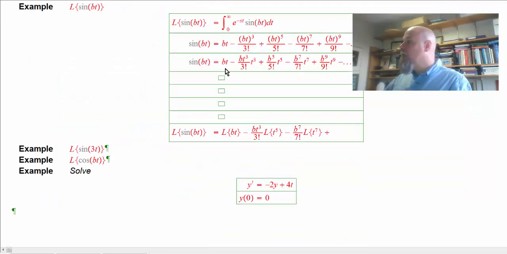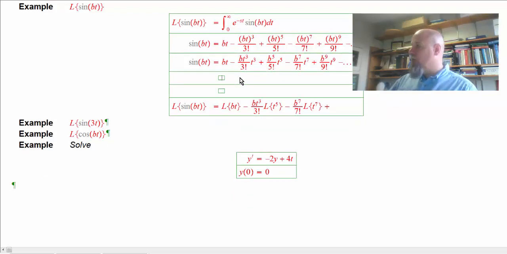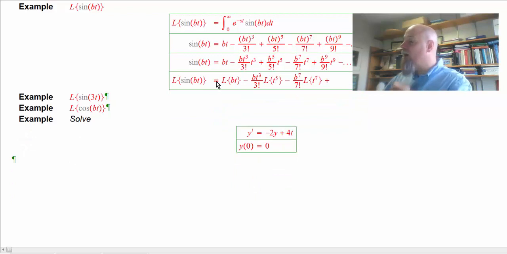So expanding this out, now it's a number times t, a number times t cubed, a number times t to the fifth. And if I take the Laplace of both sides, I get the Laplace of bt. I guess this b can come out front.